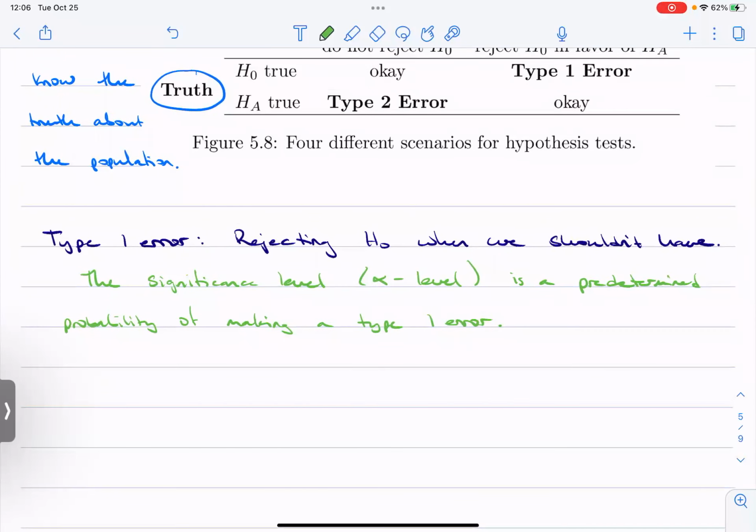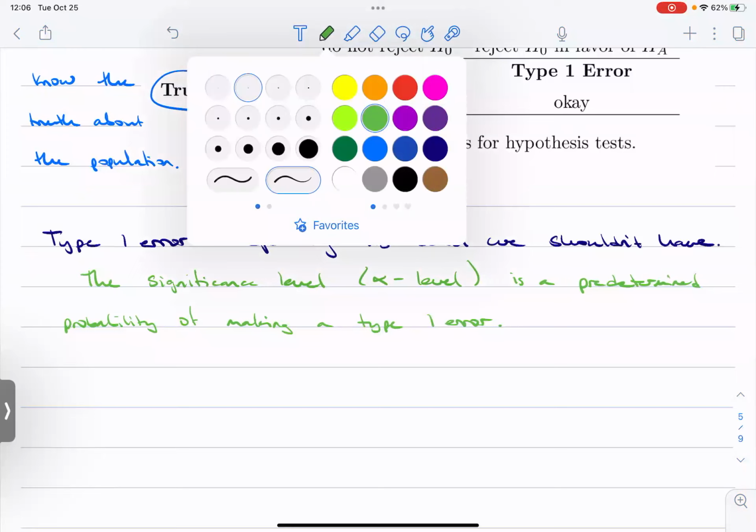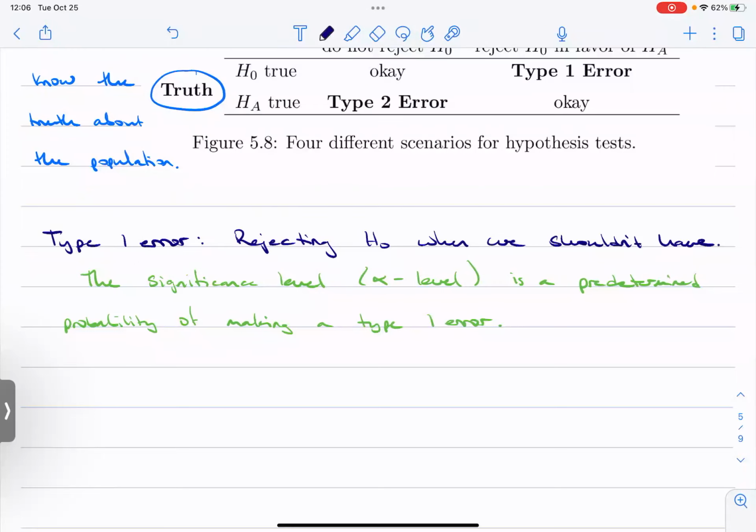So we're basically saying, okay, at this point, I'm okay with making a type 1 error.